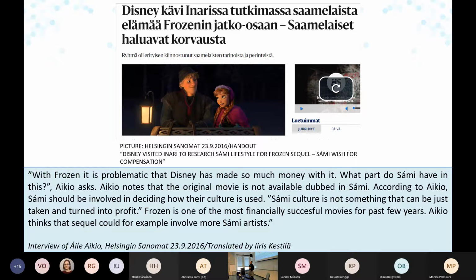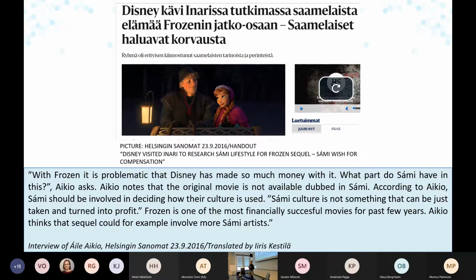Disney paid many visits to Lapland while trying to create the Frozen movie. For example, the figure of Kristoff: the way he's dressed is Sami, or at least has several elements of Sami culture, and his traditional way of living from reindeer herding is clearly taken from Sami culture.